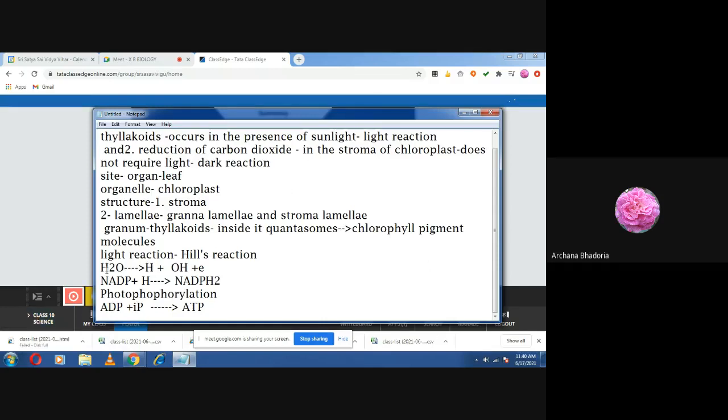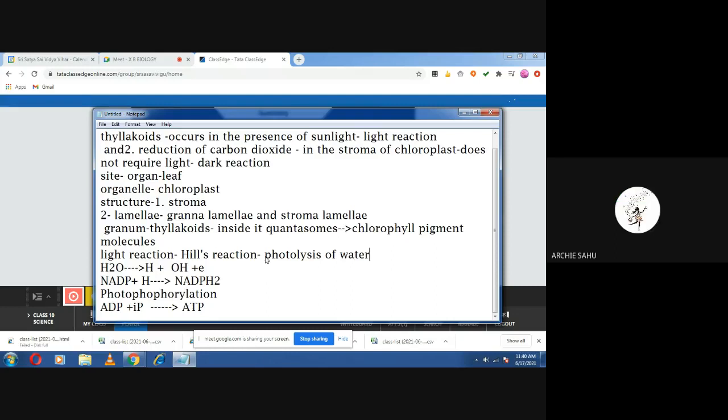तो पहला रिएक्शन क्या होना जरूरी है इसमें? First will always be what in this Hill's reaction? Breakdown of water. So what is that called? Photolysis of water. So first पहले क्या होगा लाइट रिएक्शन में?